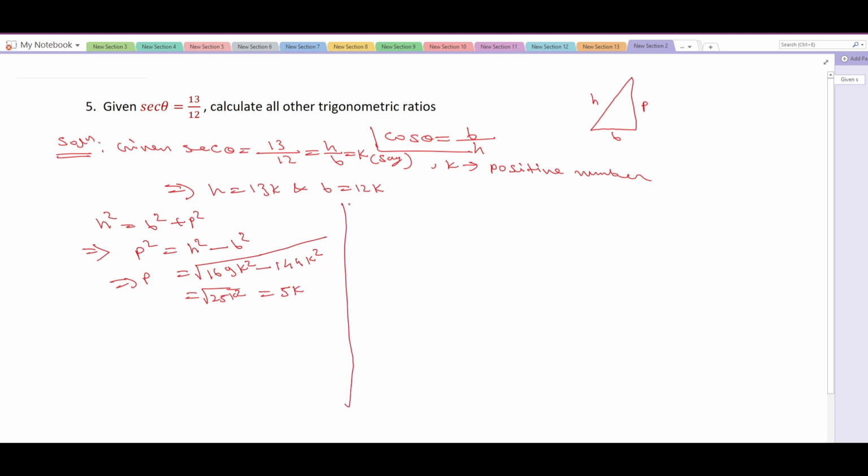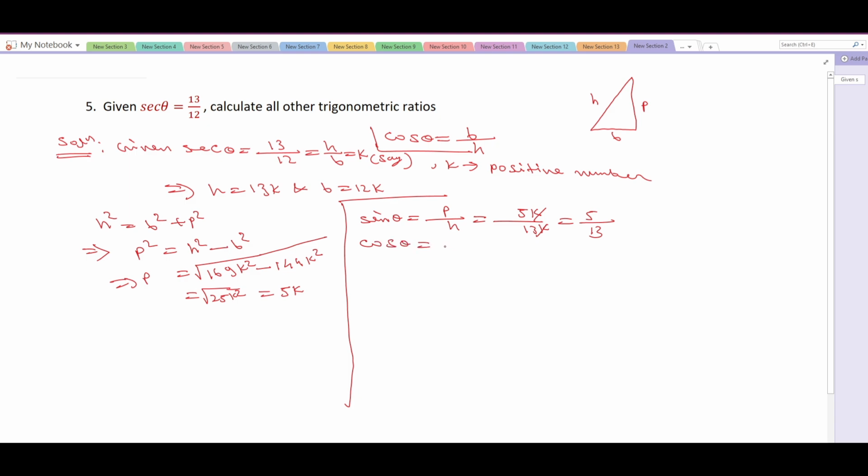Therefore the trigonometric ratios are: sin theta equals p by h, where p equals 5k and h equals 13k. K cancels out, so we have 5 by 13.